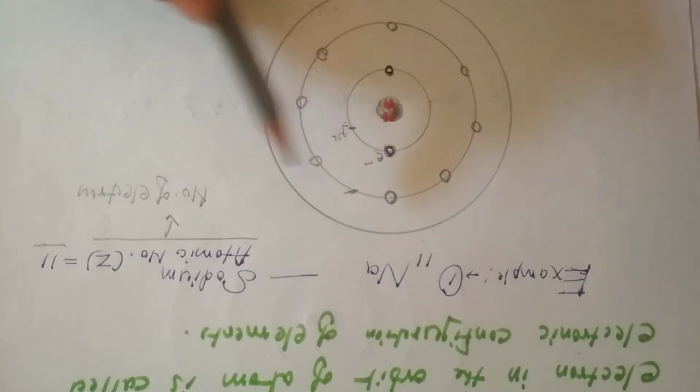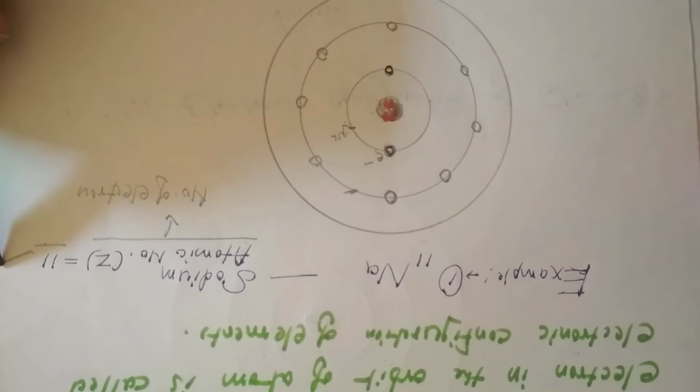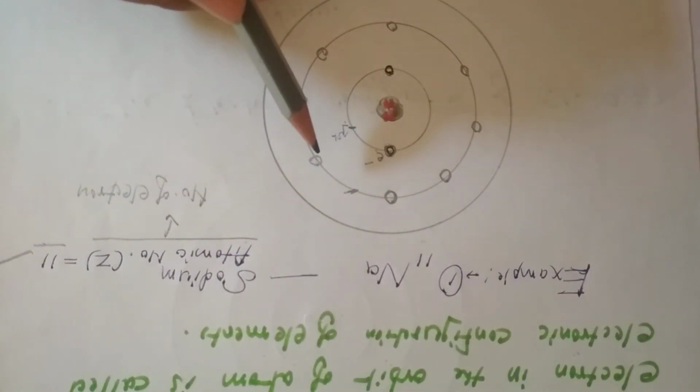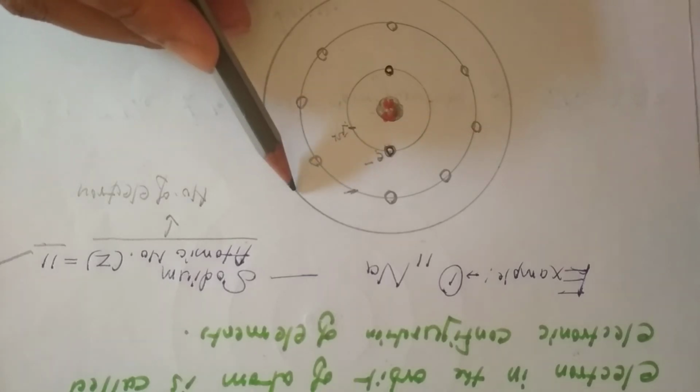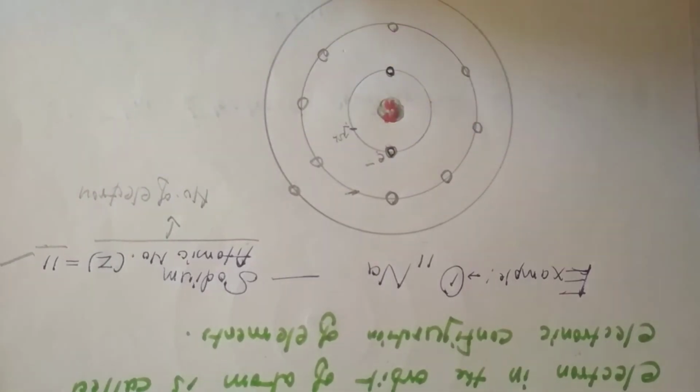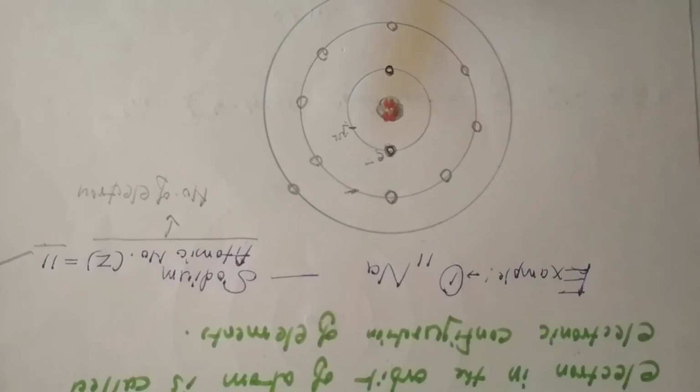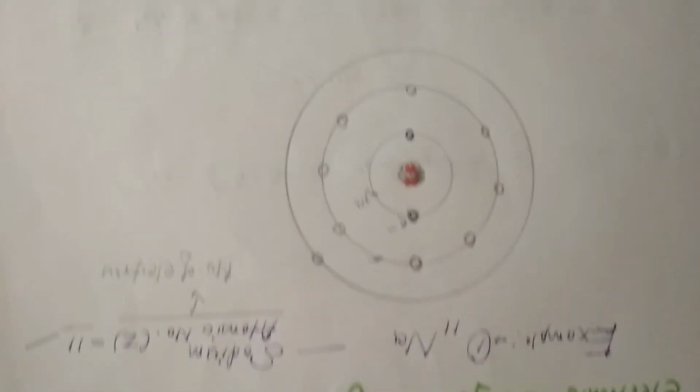Sodium has 11 electrons and we have arranged 10, so 1 electron remains, and that 1 electron goes to the third orbit. So basically in electronic configuration we arrange the electrons in their orbits.